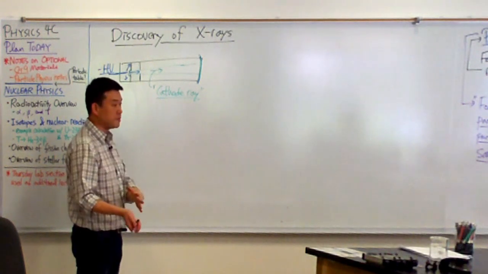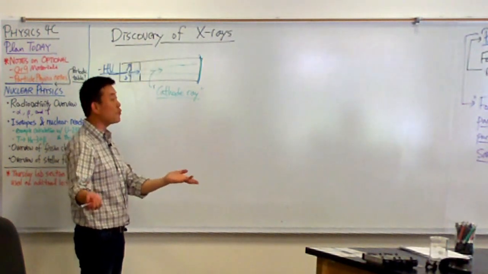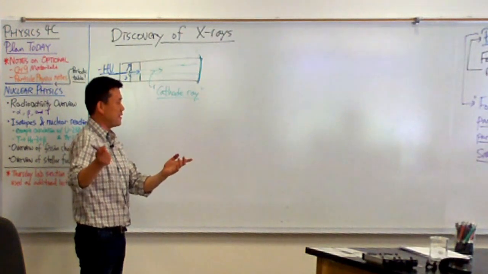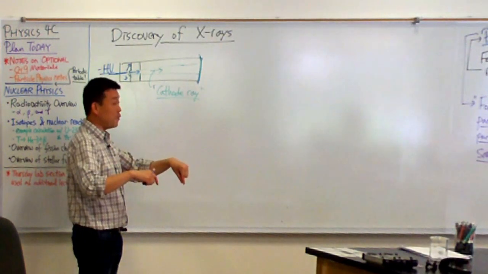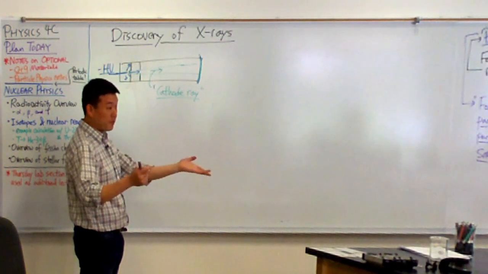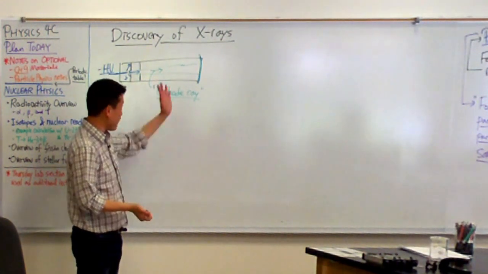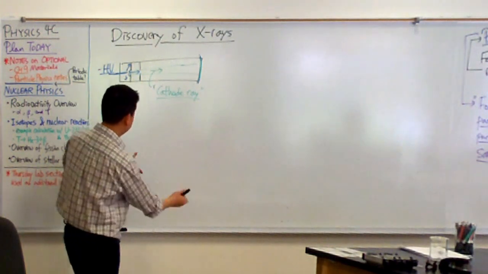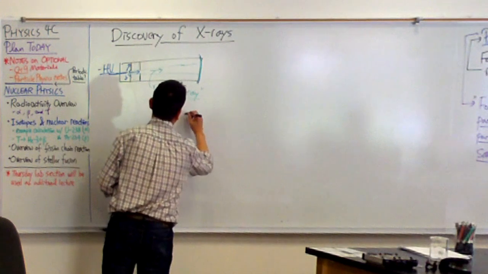He characterized its mass to charge ratio. For those of you who, I don't know if you do it at Laney and other campuses, but here we have an e/m experiment in physics 4B, where you measure the charge to mass ratio of the electron, the cathode ray. So a cathode ray is a beam of electrons.